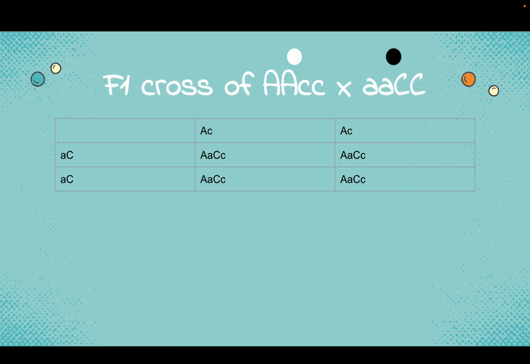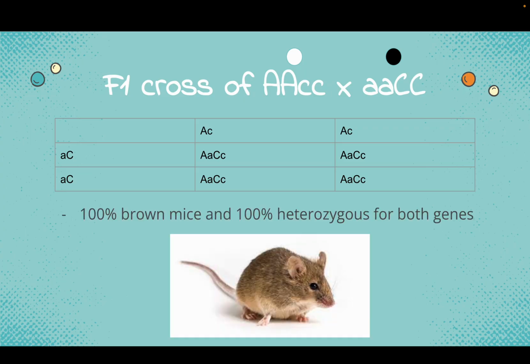Now, when we do an F1 cross of a locus C mutated mice with a locus A mutated mice, we see how we get 100% brown mice in the offspring, and how all of these offspring are 100% heterozygous for both genes.